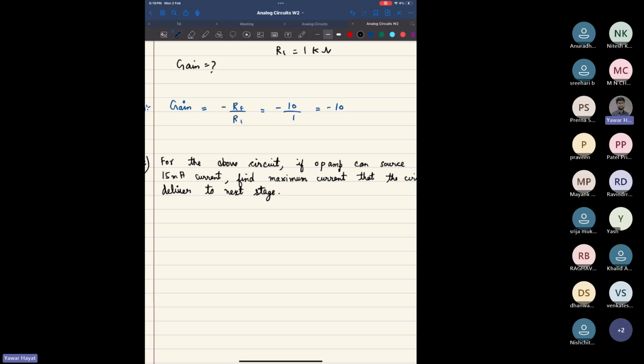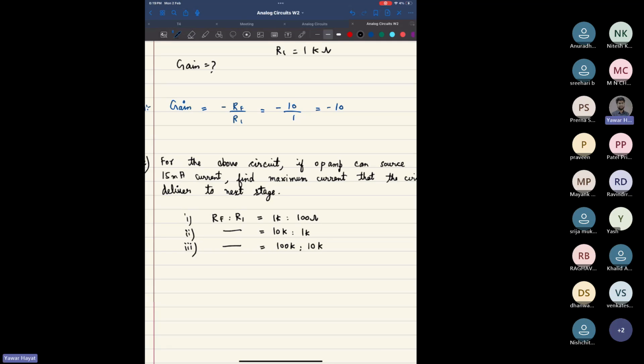Okay, this is your question. Once you have part one where your RF is 10 kilo and R1 is 1 kilo, the second part should have the same ratio, say 100 kilo is to 10 kilo.